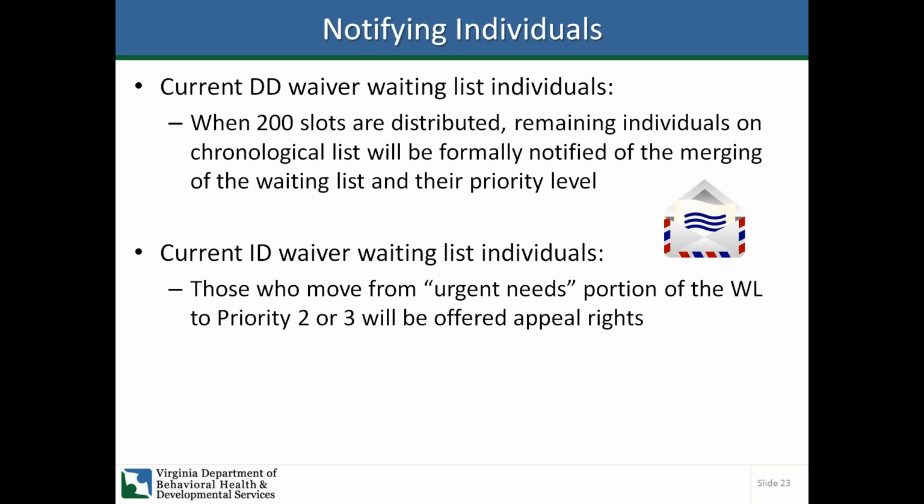Don, what is acceptable documentation for priority 1? Well, right now the prioritization is taking place through getting in touch with individuals and their families to determine if they meet the different priority categories.